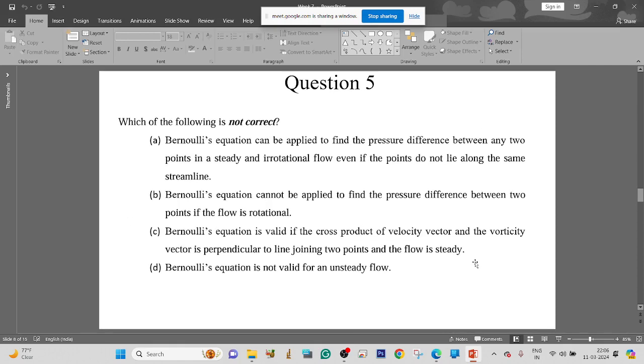Which of the following is not correct? It will take 1 second. Tell me. Not correct.